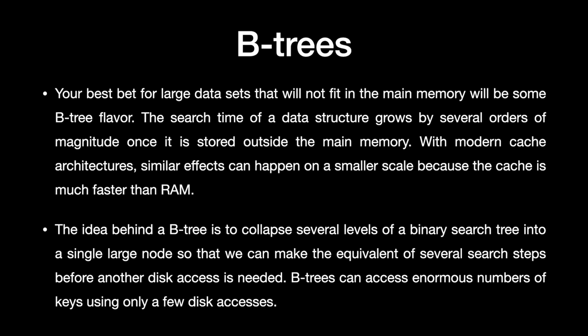The idea behind B-trees is to collapse several levels of a binary search tree into a single large node so that we can make the equivalent of several search steps before another disk access is needed. B-trees can access an enormous number of keys using only a few disk accesses.